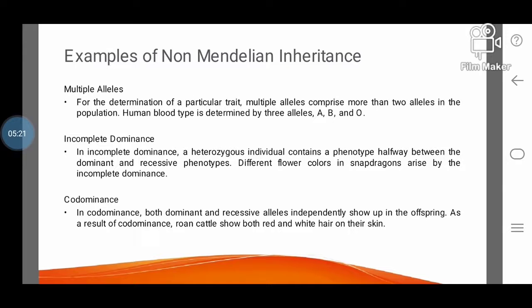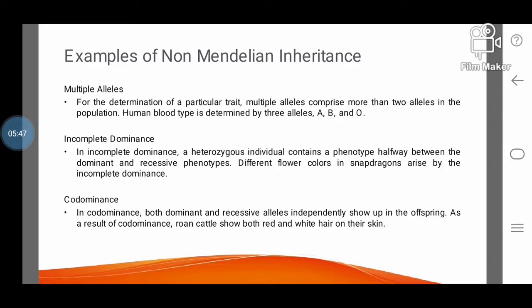There are six examples. First is multiple alleles. For the determination of a particular trait, multiple alleles comprise more than two alleles in the population. Human blood type is determined by three alleles: A, B, and O.